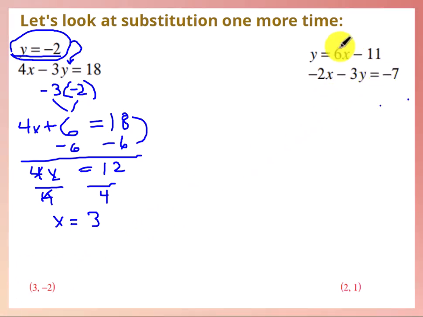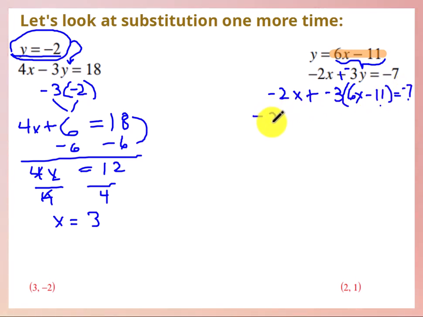All right, now let's look at this set. I have y equal, now it's not just a number, it's a binomial. So I'm going to substitute this 6x minus 11 in for y. So negative 2x, let me change that to plus and negative. It's a negative 3. Negative 3 times 6x minus 11 equal negative 7.